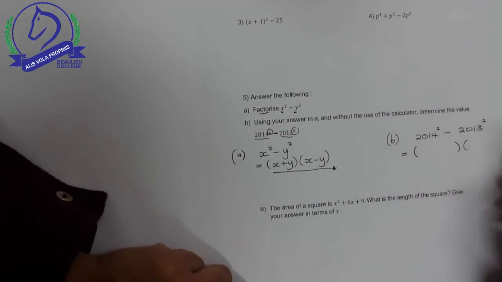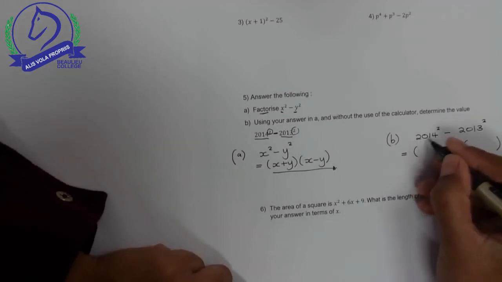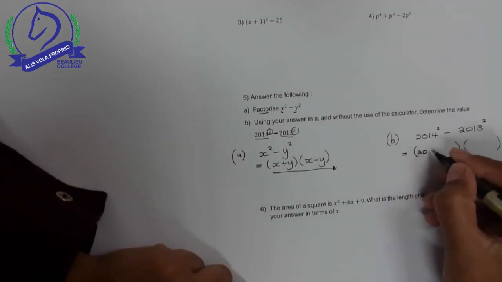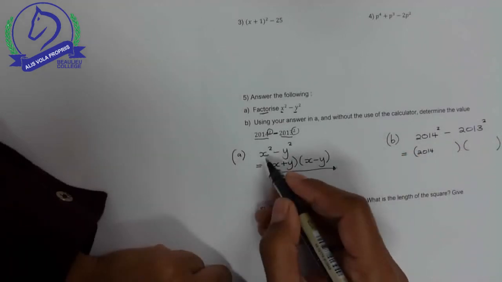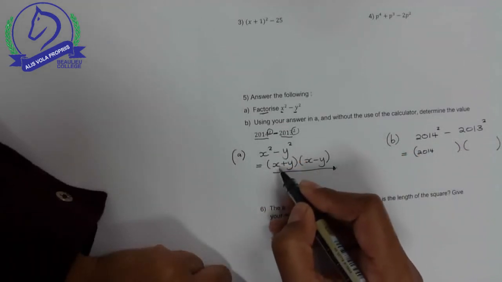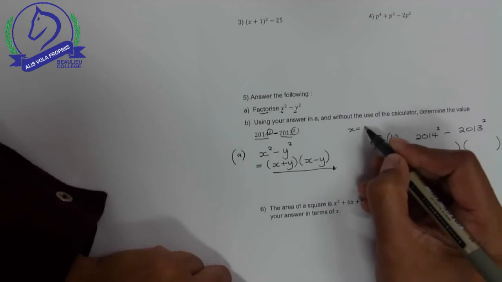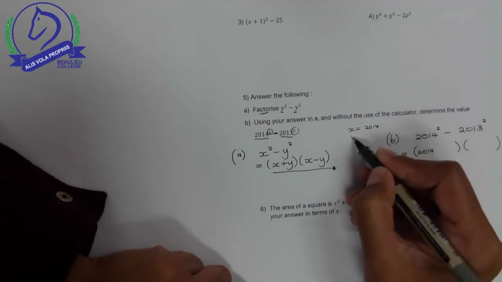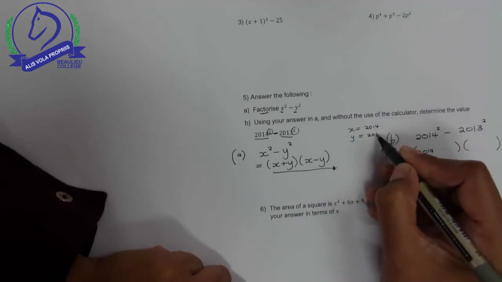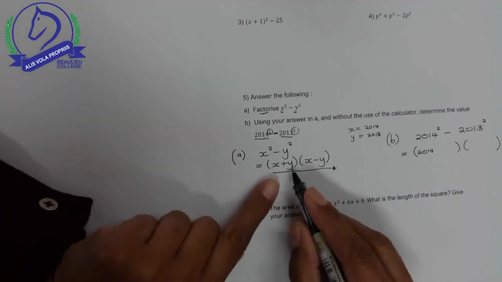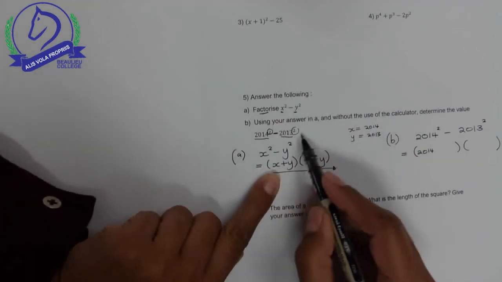So you have your two brackets. You have your first term, the square root of the first term will be 2014. Like you did here, the square root of x squared is x. So remember I said x is equal to 2014 and y is equal to 2013. So use your answer in A. You don't even have to look at the question.